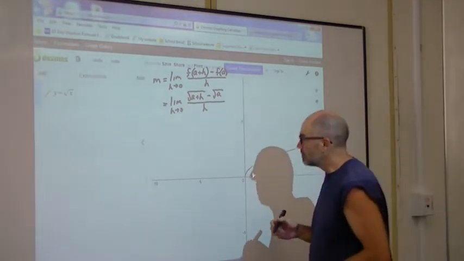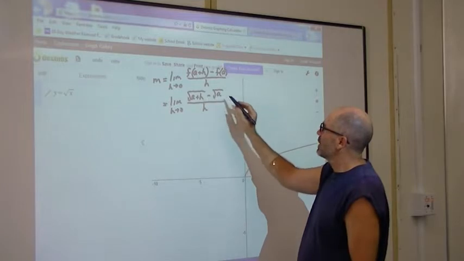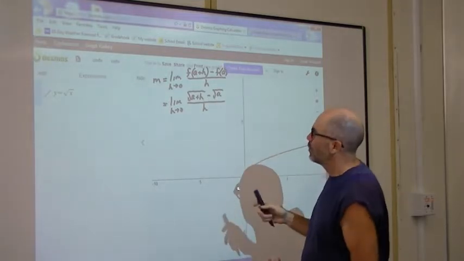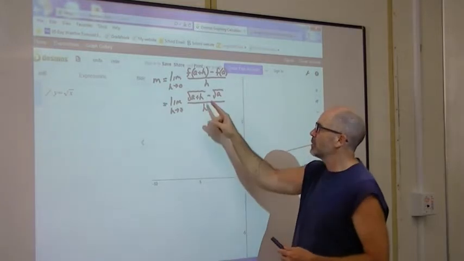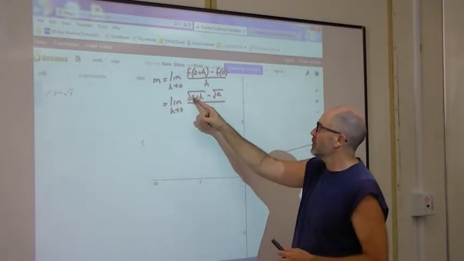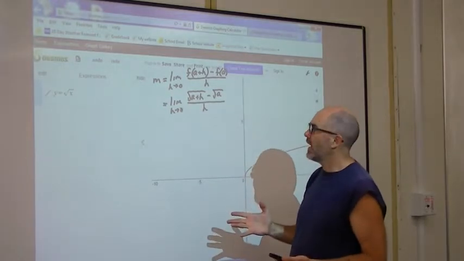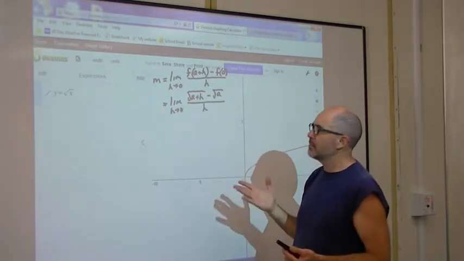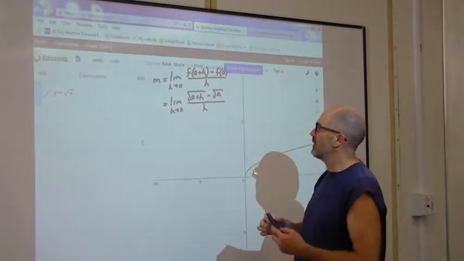So now, how do we get rid of, well, let's do one thing here. Let's evaluate it when h equals 0. So I'm going to plug in 0 for h, and I get square root of a minus square root of a is 0 over 0 for h. 0 over 0 can't be defined, so what we need to do is fix this.